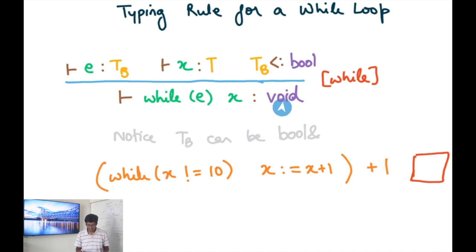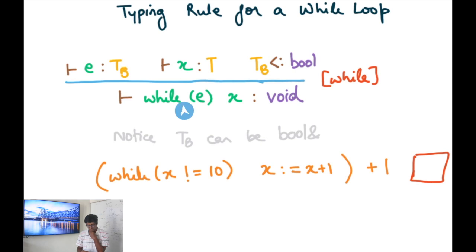One question that may arise in the mind is, if x is of type t, why not just give t as the type of the entire while loop? Well, recall that the intended semantics of the while loop are that if e did not execute even once, then x is never executed.